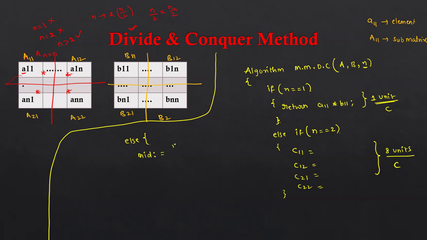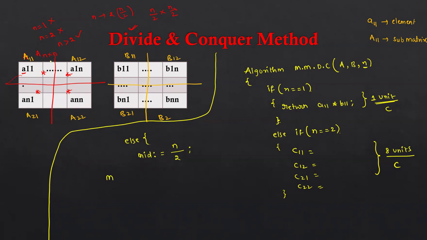By knowing the dimension. So this n by 2 is the midpoint. This midpoint I am going to calculate. Next I am going to perform the division operation. So let us see here, the recursive call. Observe how I am going to write.